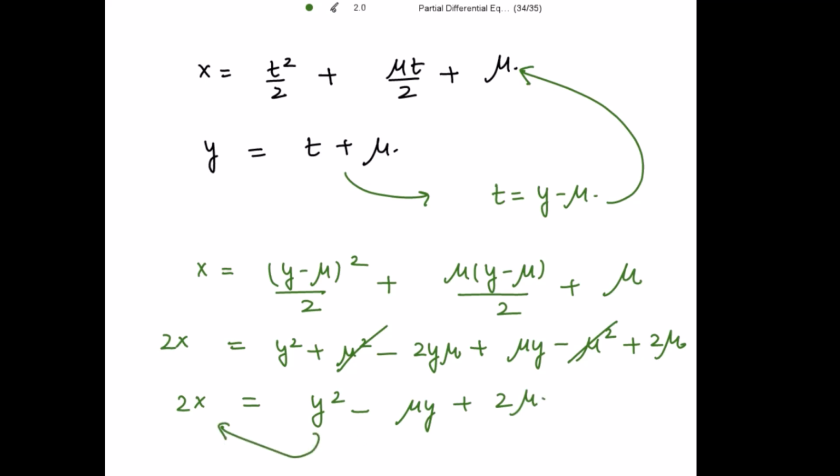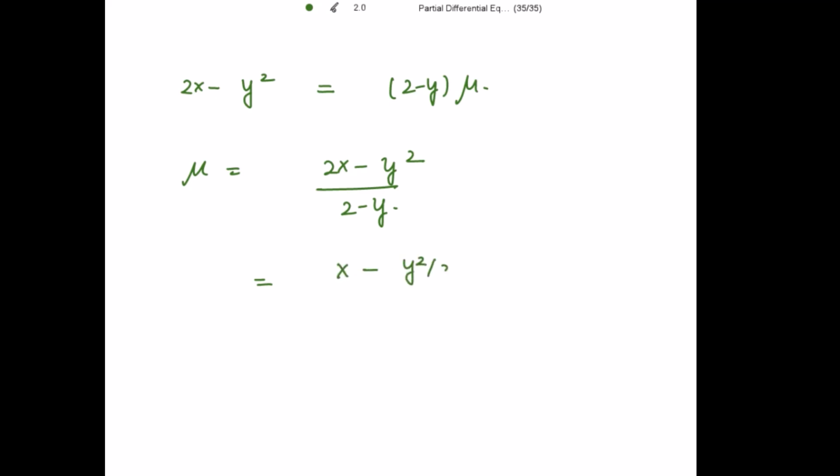Taking this y square to the other side and taking mu common from these two terms, so we get 2x minus y square to be equal to (2 minus y) into mu, and from here we get mu to be equal to (2x minus y square) divided by (2 minus y). Or we can also write this as (x minus y square divided by 2) divided by (1 minus y divided by 2). So this is the value of mu and marking this as 2.